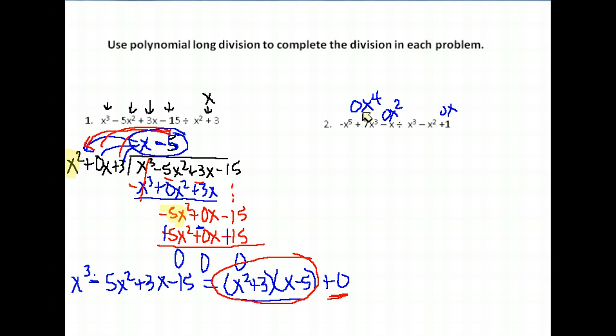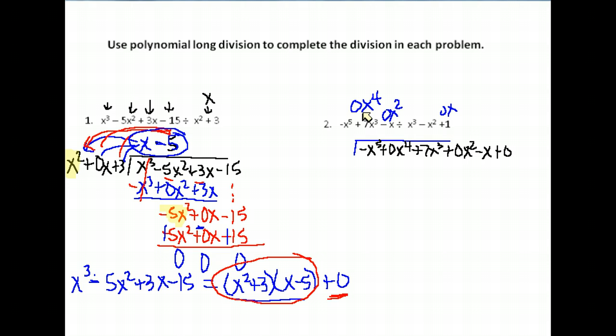Okay, put my division sign. Underneath what I'm dividing, I am dividing negative x to the fifth plus 0x to the fourth plus, signs in the way, 7x to the third plus 0x squared minus x.